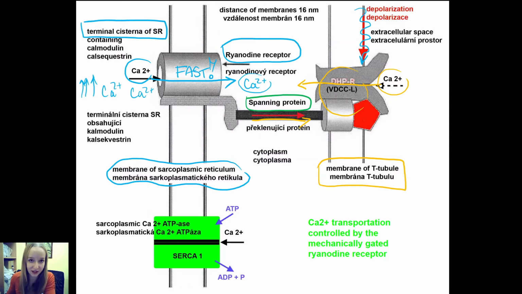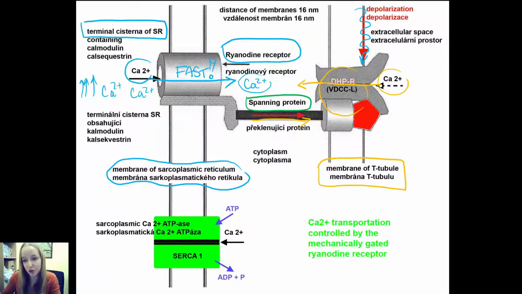It's doing other things, like the basic functions of smooth endoplasmic reticulum you know, but this function is very important for contraction because it contains a lot of calcium ions that are very important for binding to troponin.